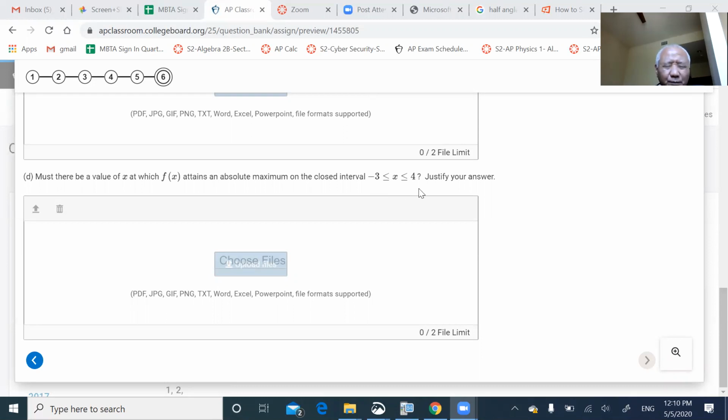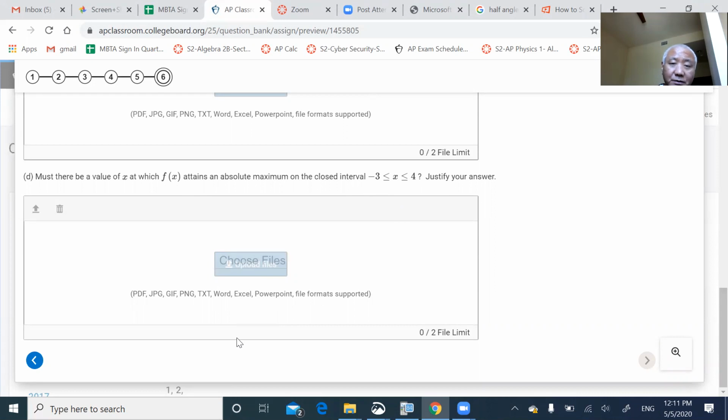On this one, make it simple, use plain language. They just say f(x) should have an absolute maximum. Absolute maximum is the highest function value between -3 and 4. Okay, that's the one you want to show.